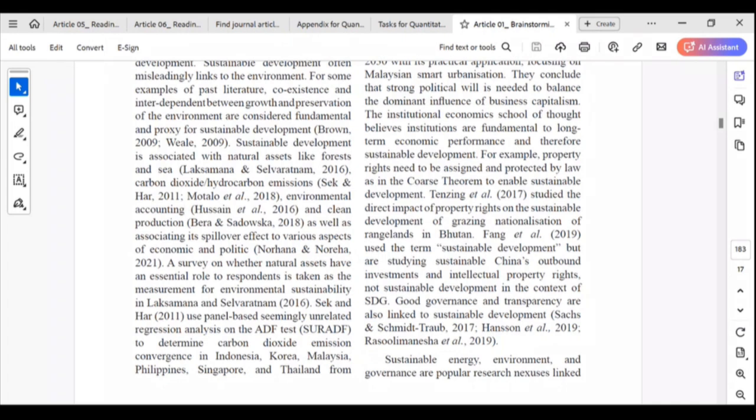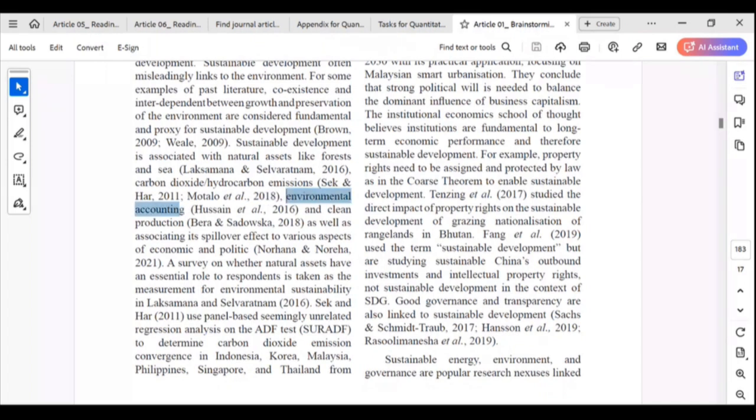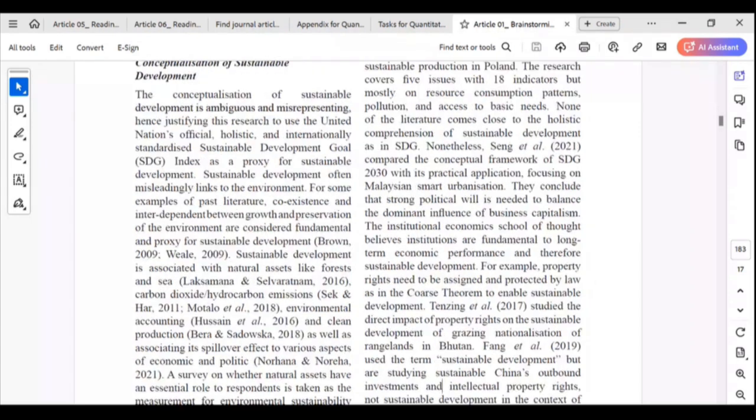Of course, because sustainable development is a concept. For example, I have another paper that also uses carbon dioxide as a proxy for sustainable development. Some use so-called environmental accounting as a proxy. But here I write a story claiming that all these proxies are just a part of sustainable development, so you should use a more general, more holistic term.